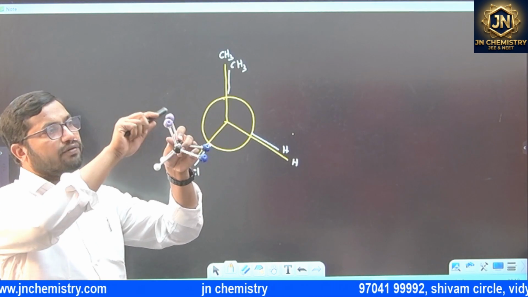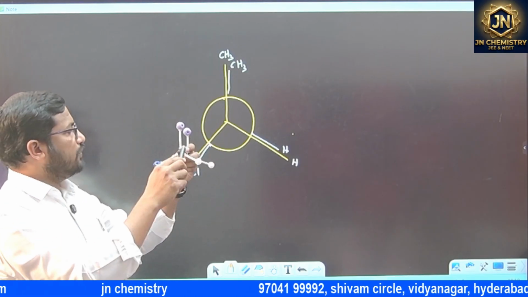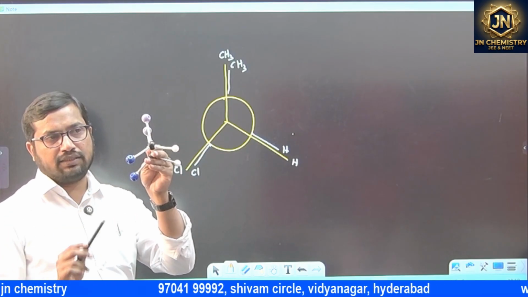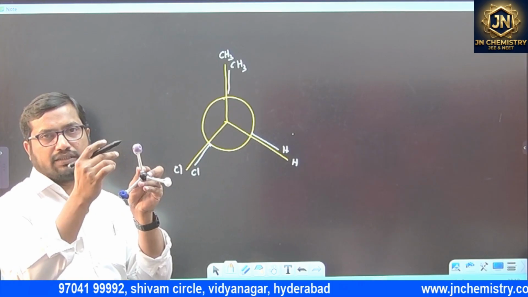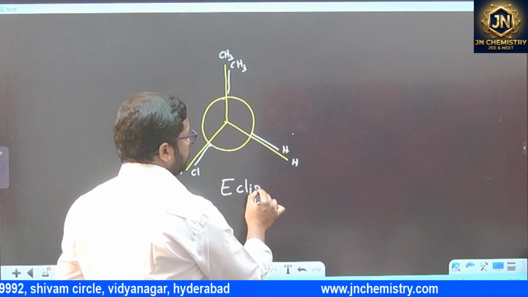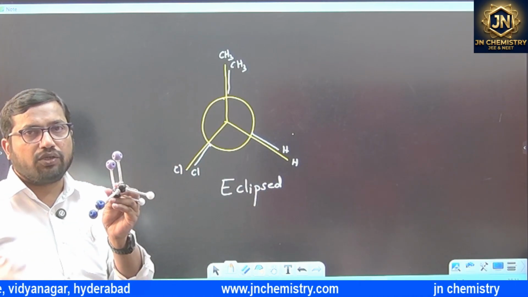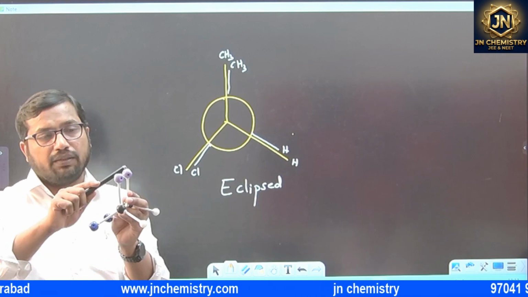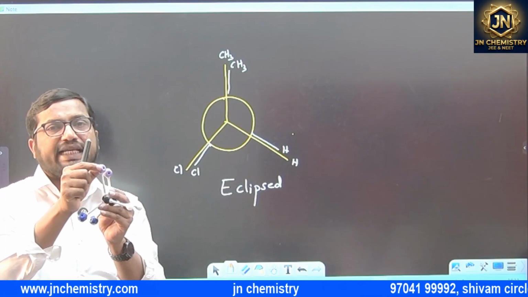Imagine this purple color ones are methyl groups, this white color is hydrogen, and this blue color is chlorines. So right now, this is in which form? Fully eclipsed. In case of fully eclipsed, 2 types of strains are possible. Because of these groups, we could say the van der Waals strain or steric strain.